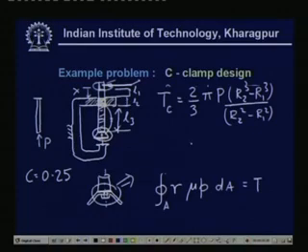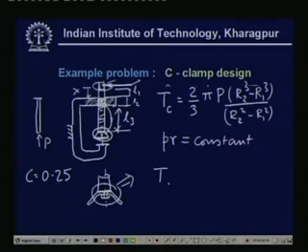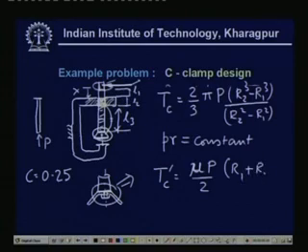Therefore, the constant wear implies P times r is constant. And if you do the same calculations, what you get is this form: for constant wear we have mu times P by 2 times (R1 plus R2).